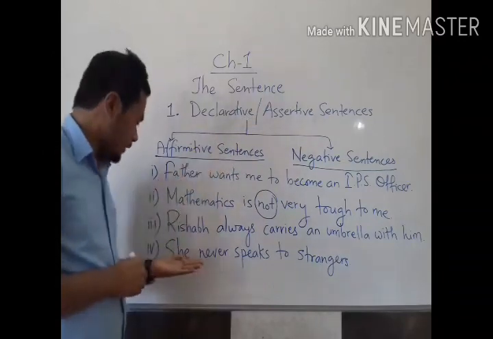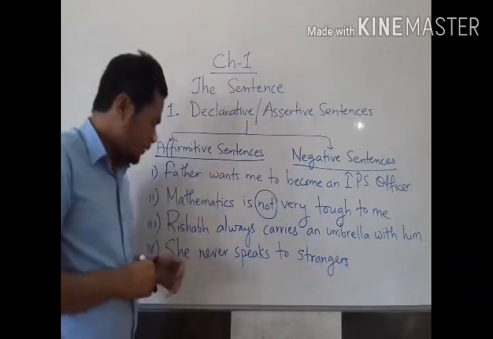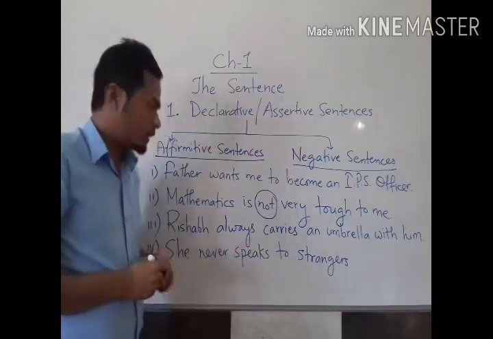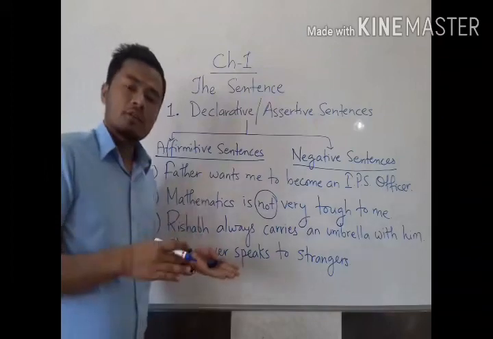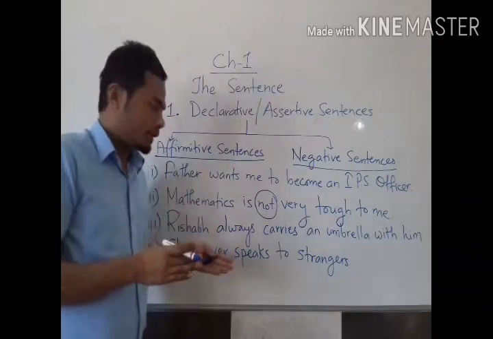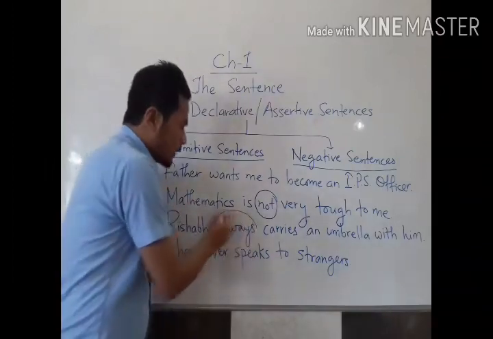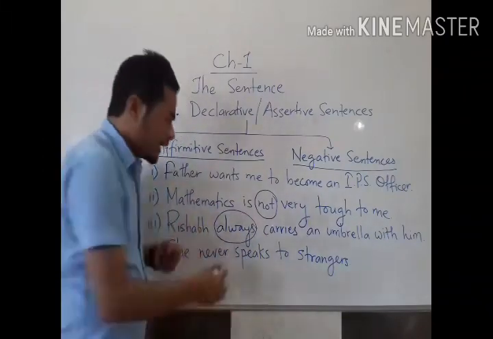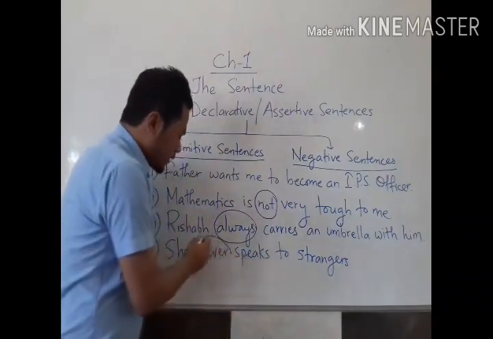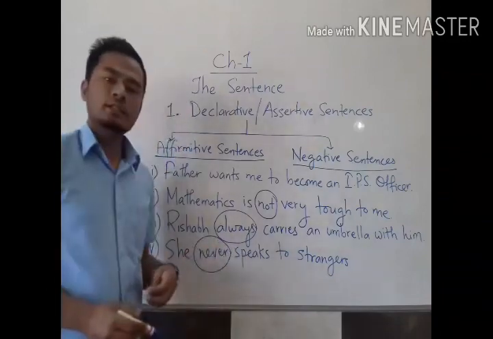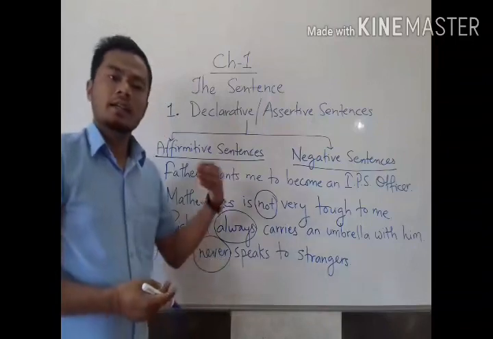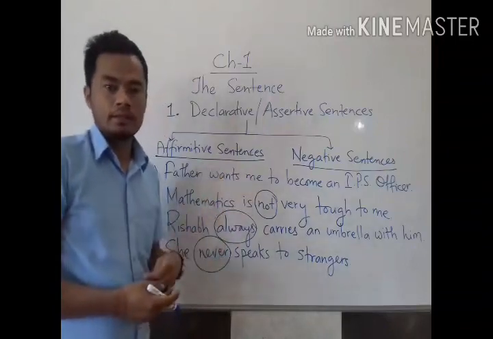But come to example number 4: She never speaks to strangers. If an affirmative sentence has "always", and you change that sentence into a negative sentence, that word should be changed into "never". Always will change into never if we change an affirmative sentence to a negative sentence.